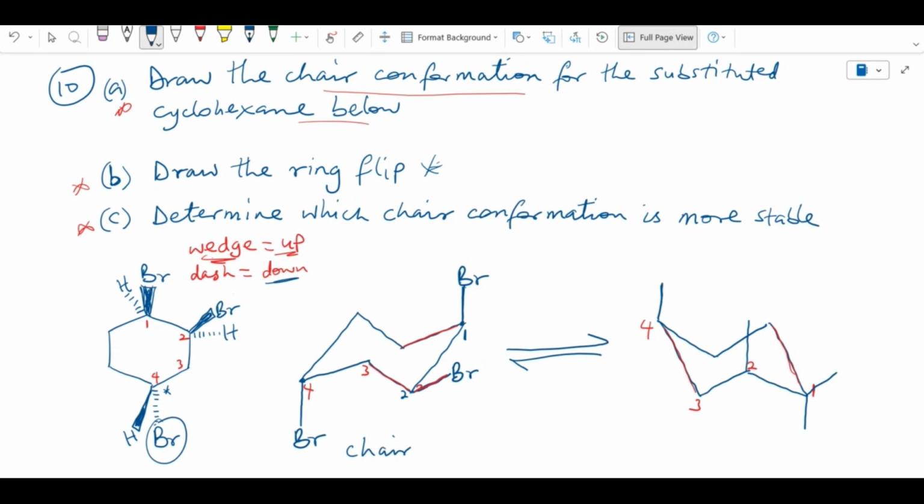Okay. So to draw that equatorial bond, you should go this way. On carbon 4, since that axial bond is pointing up, the equatorial bond will point downward. It has to be parallel to this line.